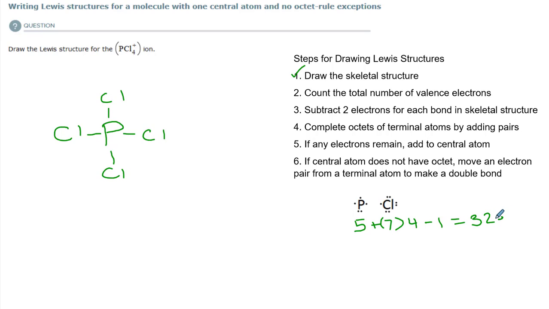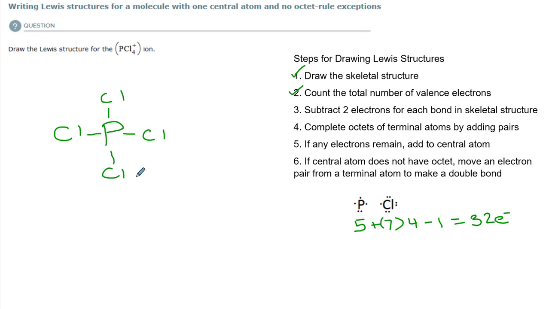Remember, we're only worrying about the valence electrons because those are the only ones involved in bonding. So these 32 electrons are kind of like our bank. How much money is in our bank, and we have to balance our checkbook at this point. You spend electrons whenever you put a bond on your structure or a lone pair of electrons.